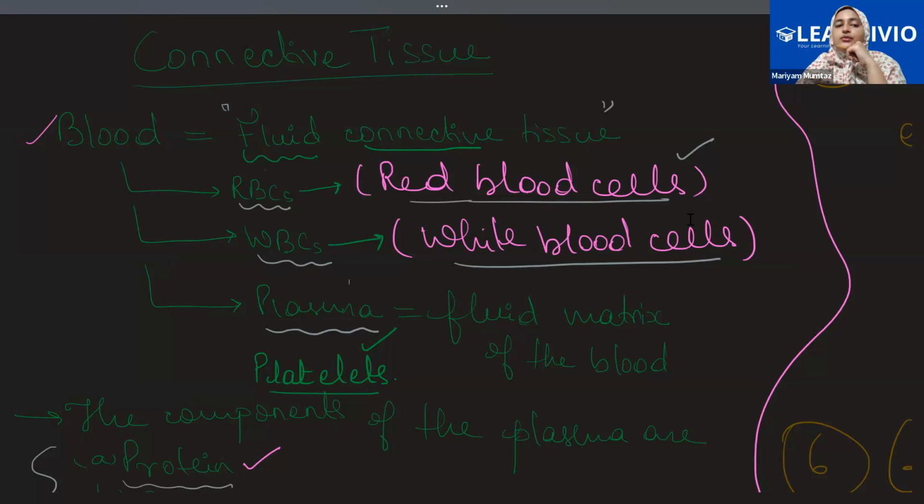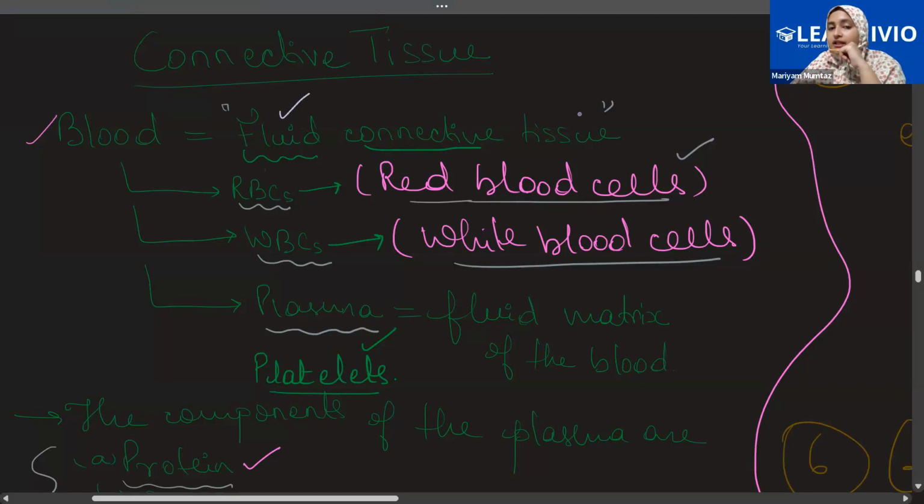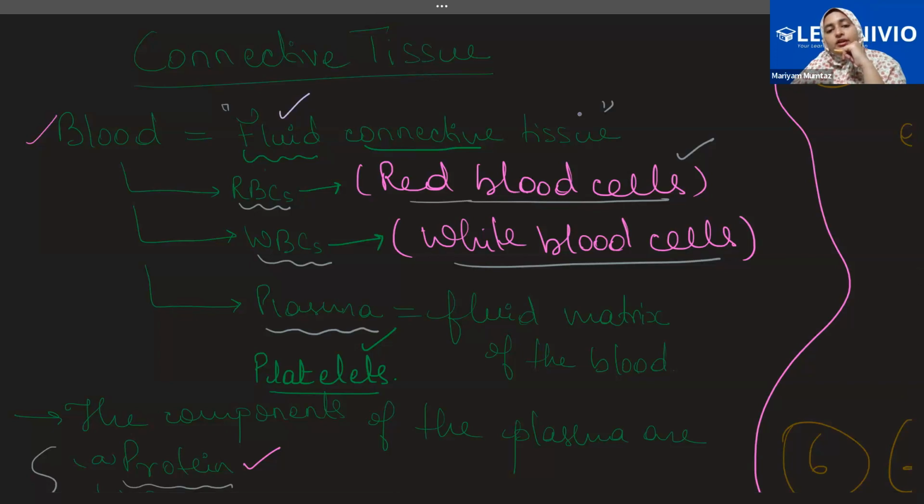So one type of connective tissue, the most abundant, is the blood, right? There isn't any part in our body which does not have blood in it. So the blood is actually a connective tissue that is fluid in nature. So it is fluid connective tissue present almost everywhere in our body. So this is the fluid connective tissue.